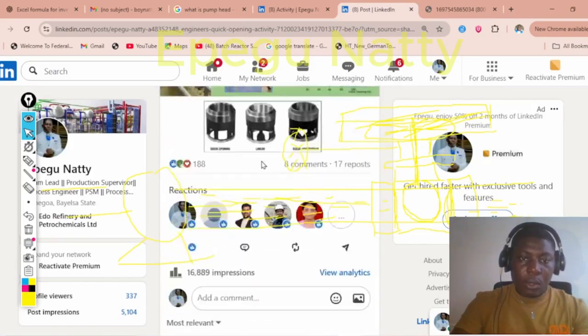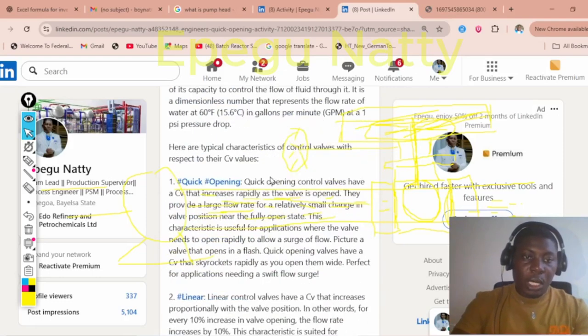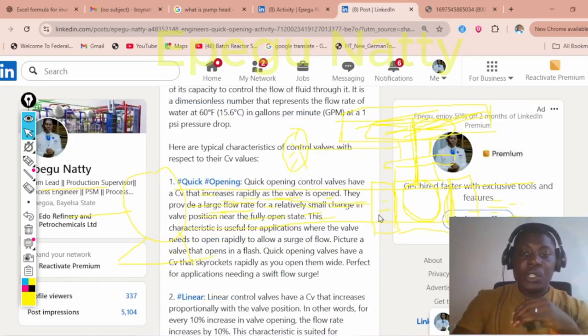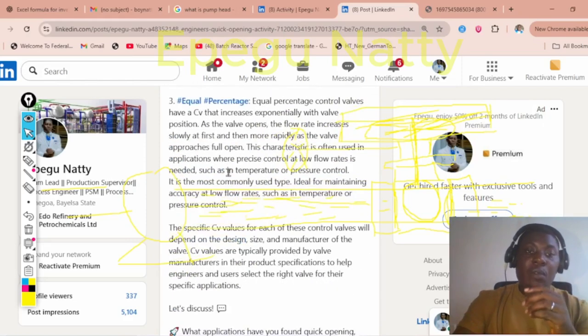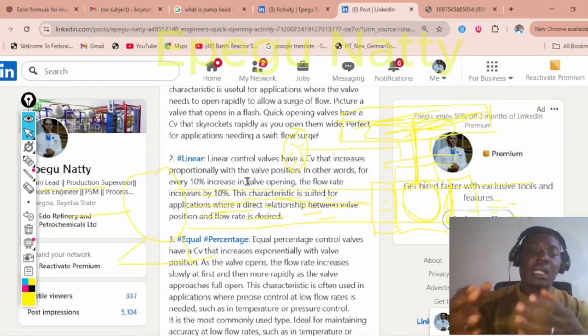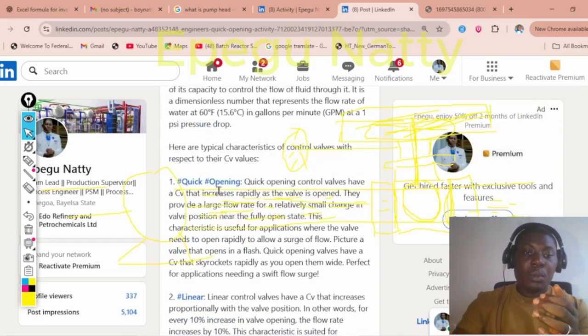I talked about control valve characteristics, and if you see here, we have different types of opening, which is for the trim. Now we have the quick opening, the linear opening, and the equal percentage. So it depends on the kind of trim that you're using for your control valve. That's how the flow will actually be regulated.